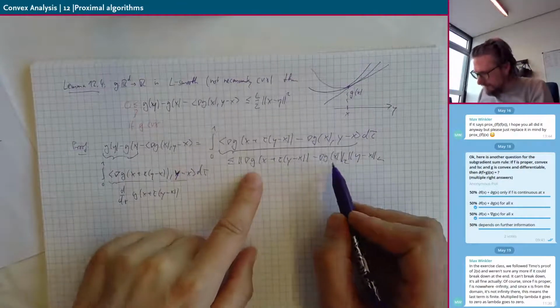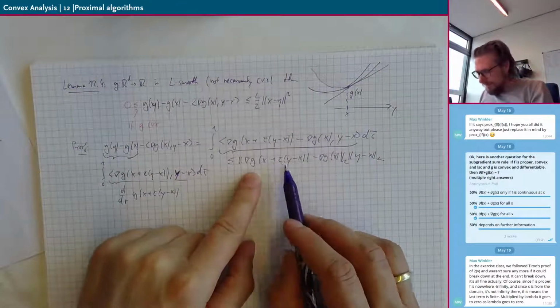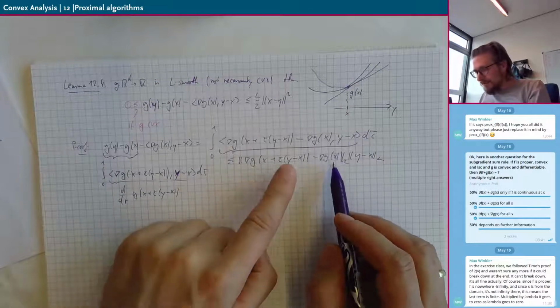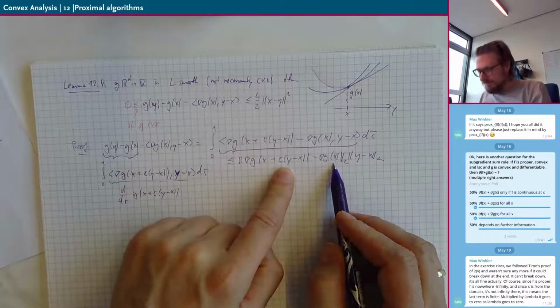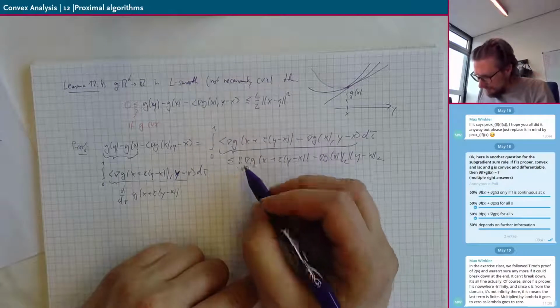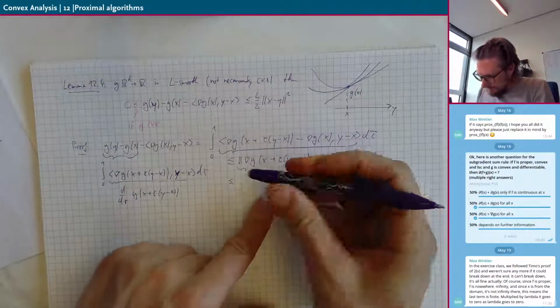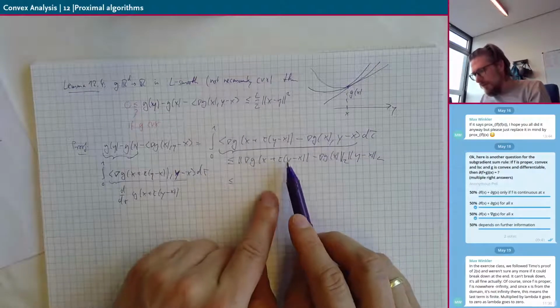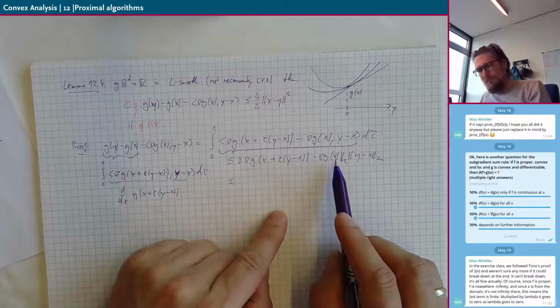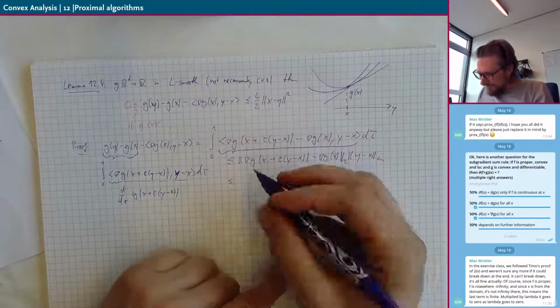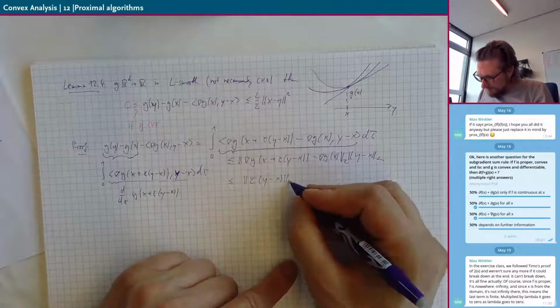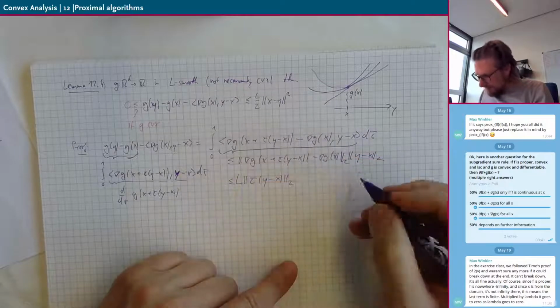This guy here, so this is gradient of something minus gradient of something. It's bounded by L times the difference of the somethings. And the somethings here, let's do it like this, is this minus this, x plus tau (y minus x) minus x. This x goes away. This is actually the norm of tau (y minus x).